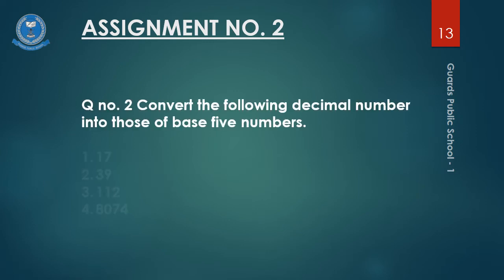I hope you have understood how to convert a decimal number into a base 5 number. So students, in assignment number 2, question number 2, you have to convert the following decimal numbers into base 5 numbers. The numbers are given; these 4 numbers you have to convert into base 5 numbers.